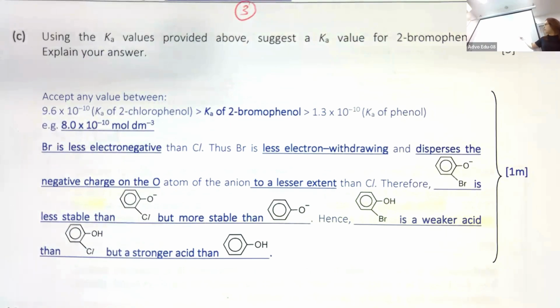So this lone pair on the O minus delocalizes more. Next one. Compare this with your 2-chloro here. Again, the only difference is the Cl versus Br. Cl is more electronegative. So therefore, the lone pair of this O minus delocalizes into the ring to the greatest extent as compared to the other two. That's all. Okay.